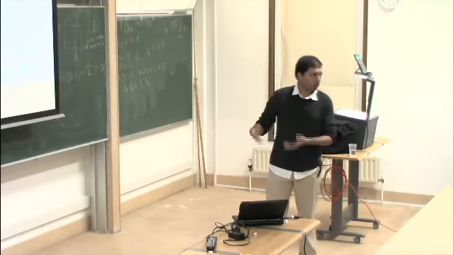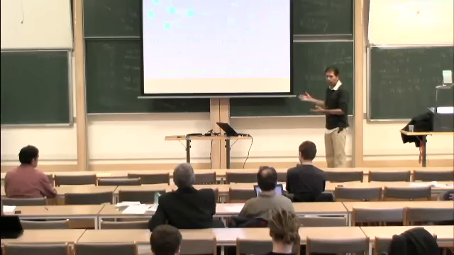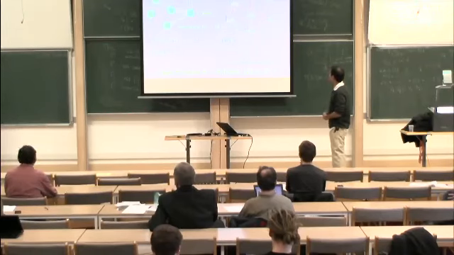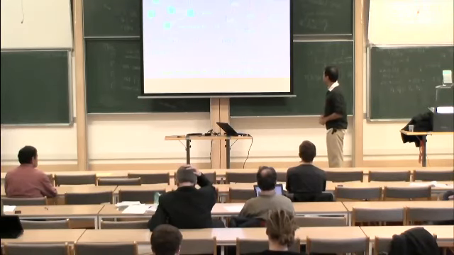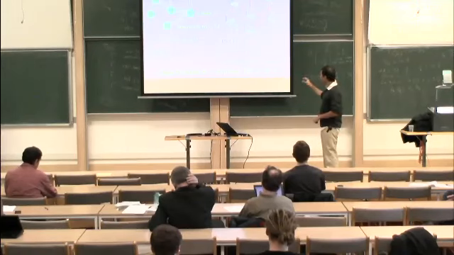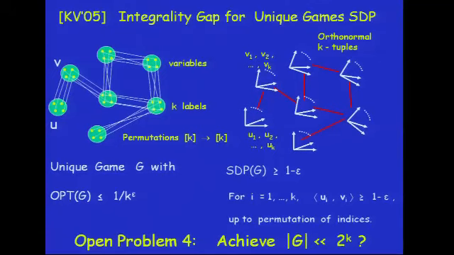I didn't tell you the construction, but if you try to think about it, it's a fairly natural one. You will find it yourself. But it's very likely that the one you find will be identical to the one we found, and it will be of size 2 to the k. That's the open question. Yeah, that's it.